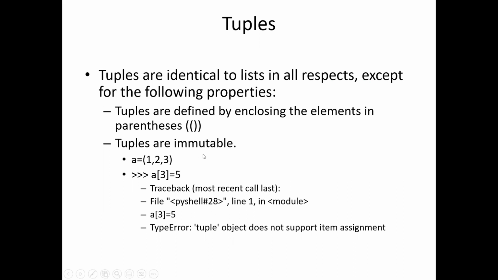You cannot change the tuples, and tuples are not dynamic. Say, for example, I have initialized a tuple 1, 2, 3 to a variable a. Now, if I try to add another element to a, it gives an error. So you cannot change the tuple once it is created.